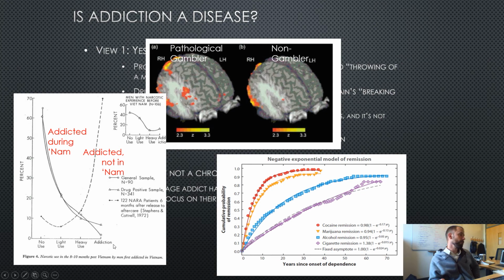Let's see if we can understand this. So the main thing right now is ignore these black dashed lines. Let's look at the other two, the white circle and the white triangle.